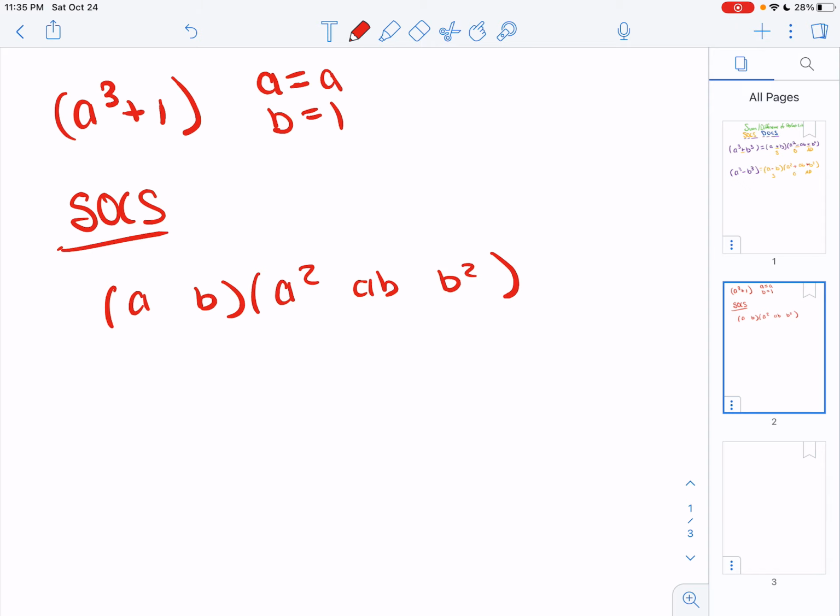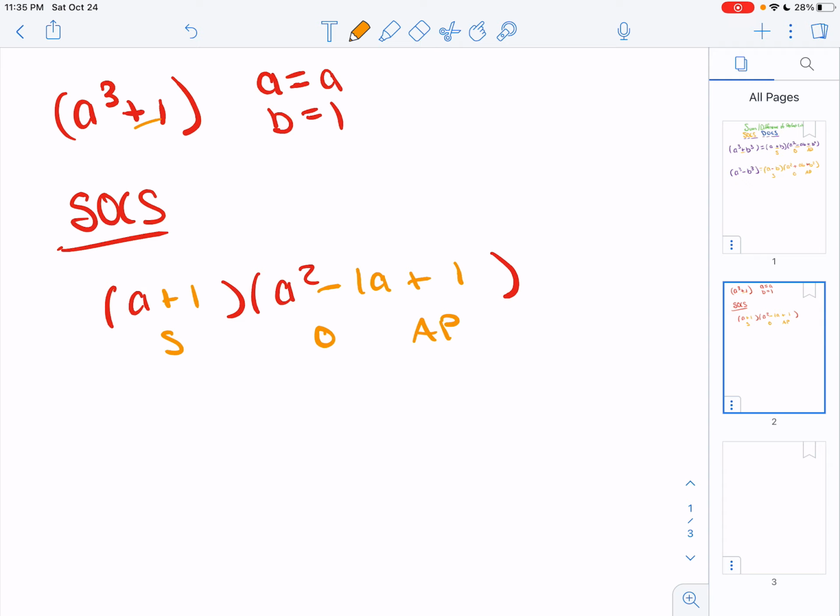And now we've got SOP. Same, opposite, always positive. So we have plus, same, opposite, minus, always positive. So instead of b, I'm just now going to replace with 1. So here, that is the answer for this one.